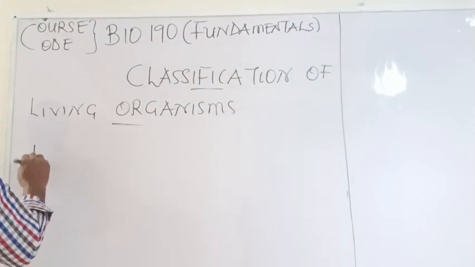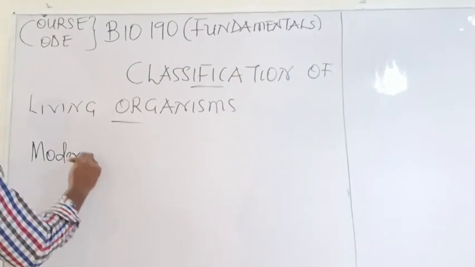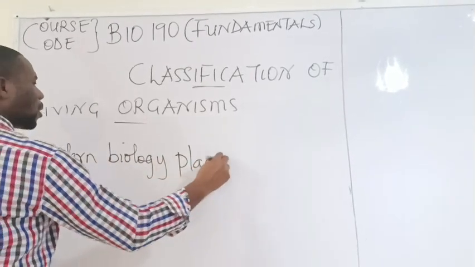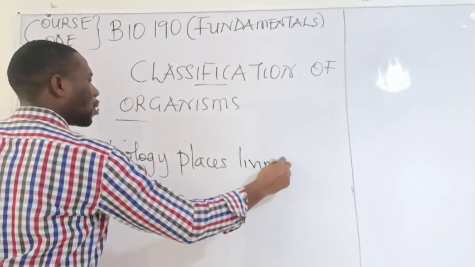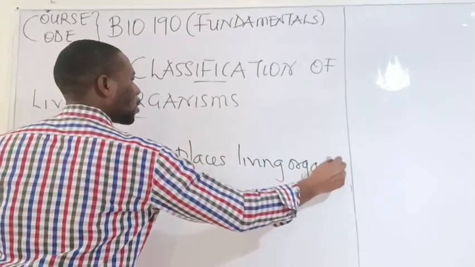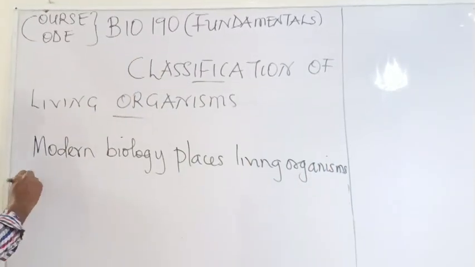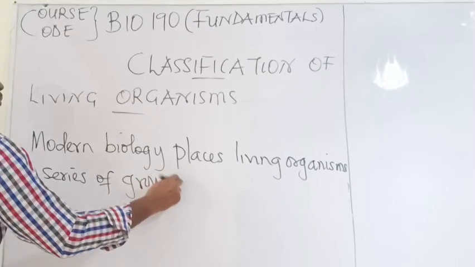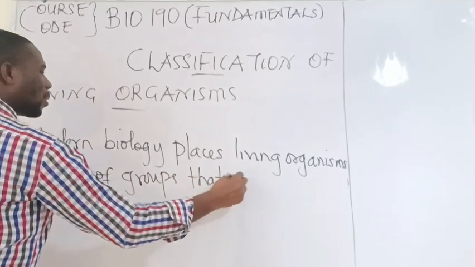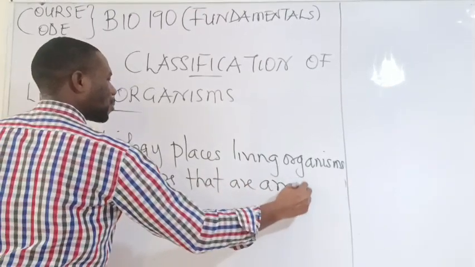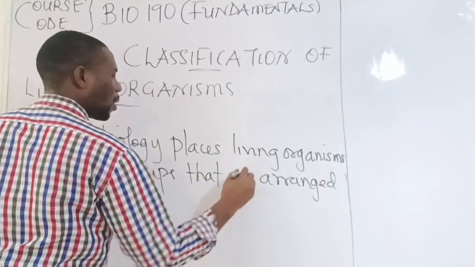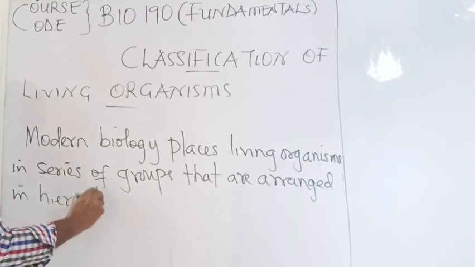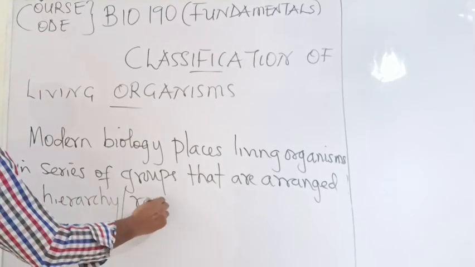So modern biology places living organisms in a series of groups that are arranged in hierarchy, or we also call these ranks.